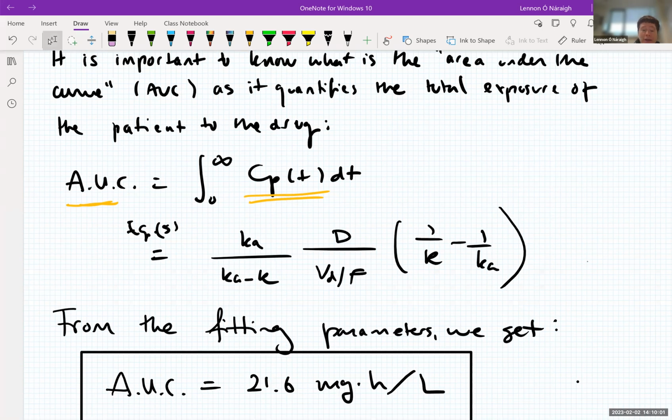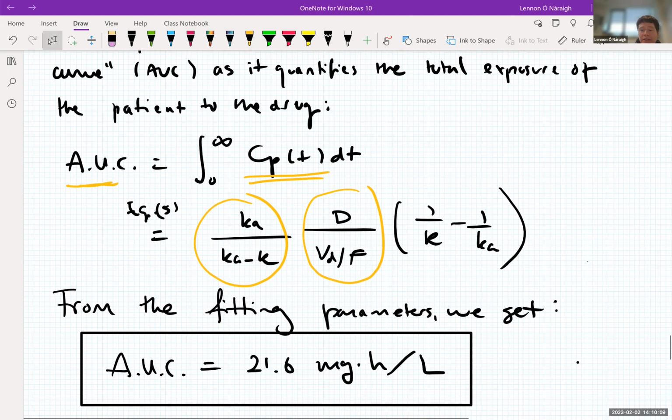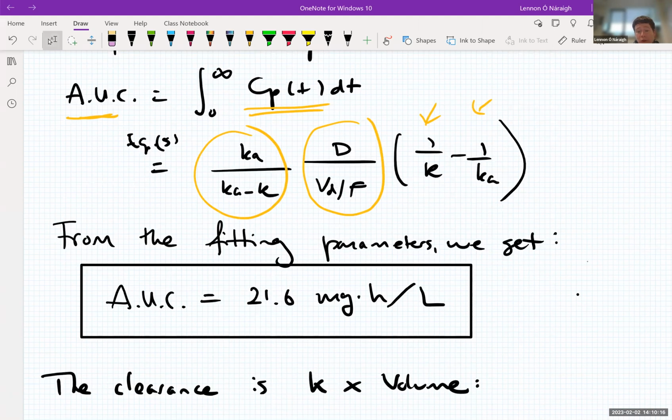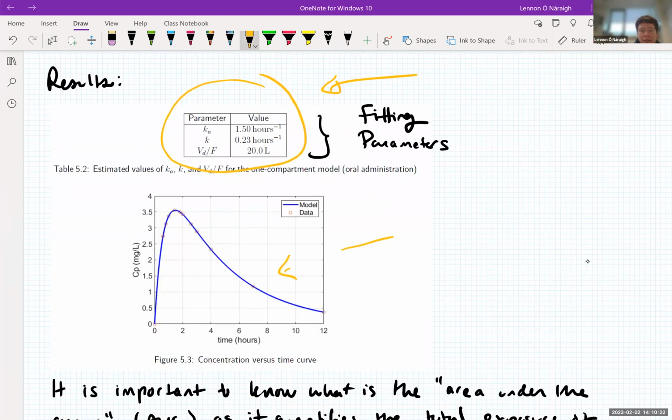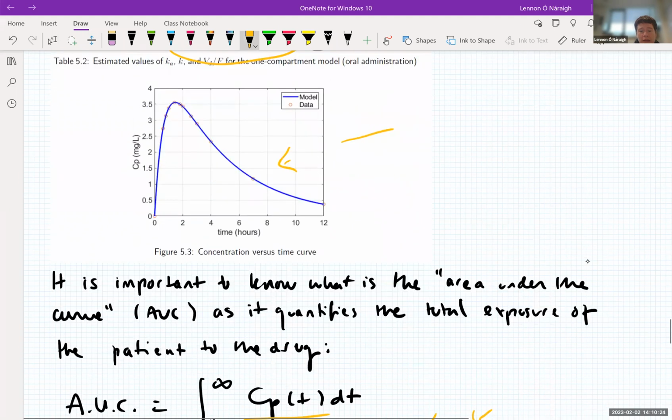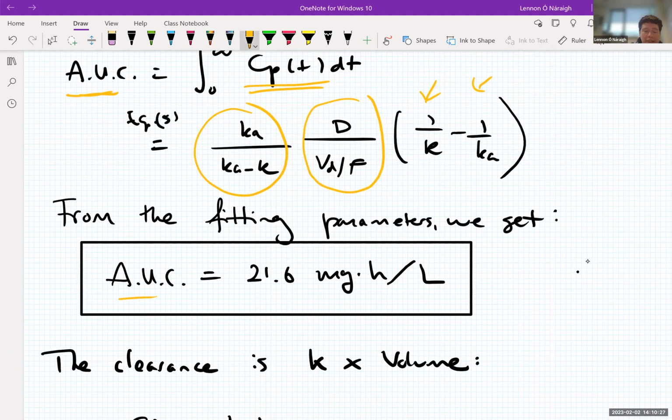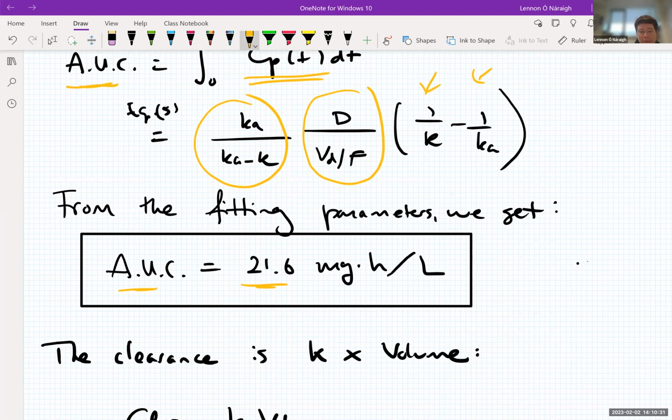Using the model in equation 5, it's Ka over Ka minus K times the dose over VD over F, and then doing the integration gives me these rate factors. I plug the fitting parameters into my expression for the area under the curve, and I get an estimate of 21.6 milligram hours per liter.